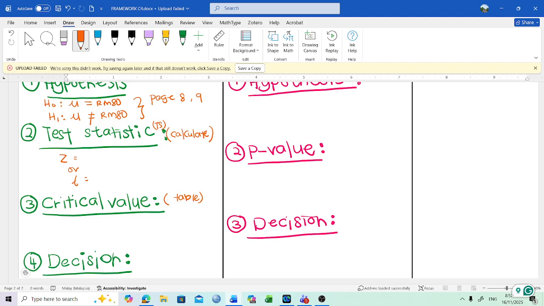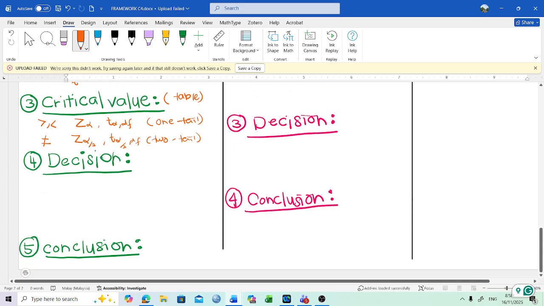Remember, for the critical value, if it is one tail, greater than or less than, then your CV is Z alpha or T alpha with degrees of freedom. If it is two tail, which is the unequal symbol, then your alpha needs to be divided by 2. Then you may find the value in your statistical table. That is number 3.